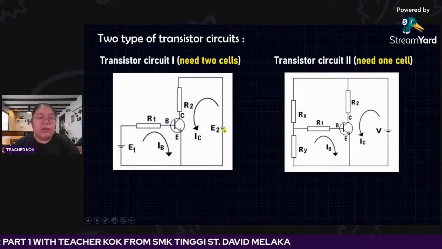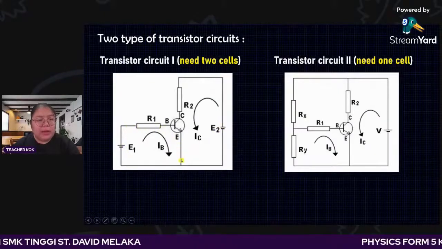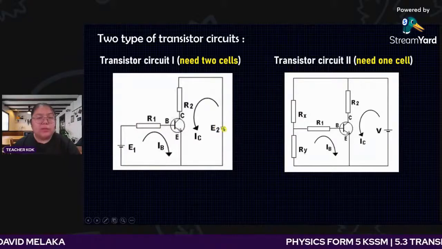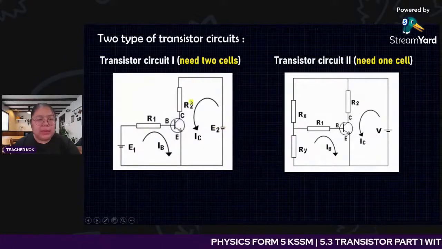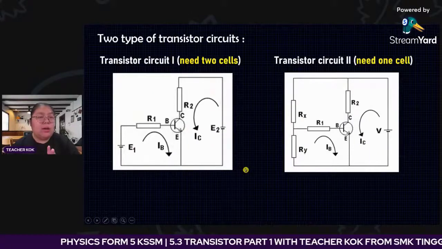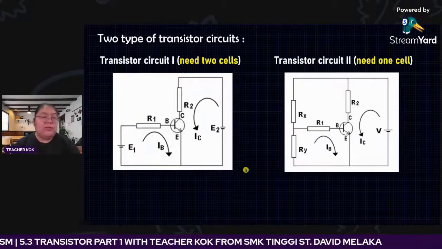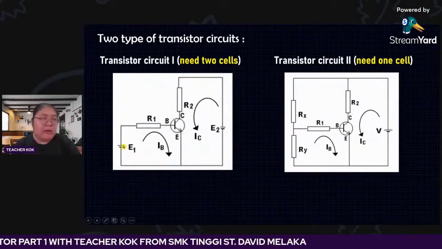So how does the current flow? The current starts from E1, flows to the emitter, then goes back. From E2, it starts, flows to the emitter, then goes back. This we call the 1.5 story, and it needs two batteries. If there is only one battery, it cannot function.